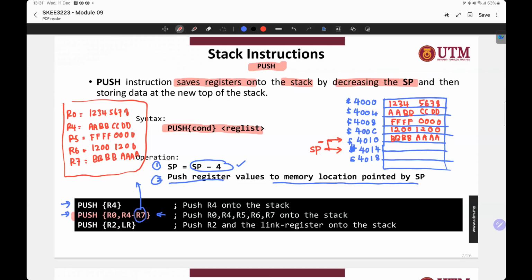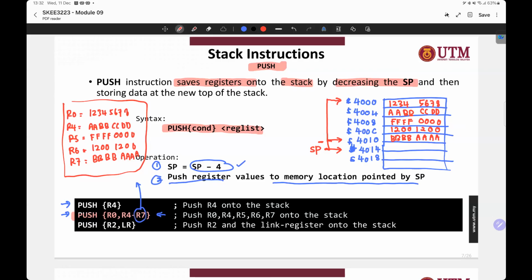And what happened to your stack pointer now? Does your stack pointer still point to 4010? No. Your stack pointer now points to the last data that you stored inside your stack memory. Since you have 5 registers to store to the stack memory, you need to decrement 5 times.